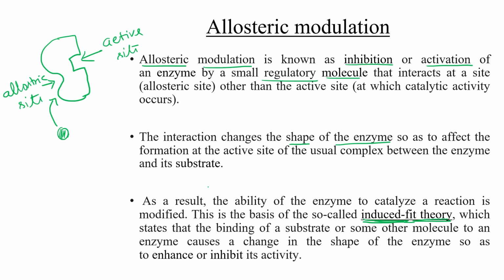Then after some time, the induced fit theory came, and this theory says that the enzyme has an active site, but this active site creates its complementary form with the substrate only when the substrate comes towards the enzyme. So the ability of the enzyme to catalyze a reaction is modified.